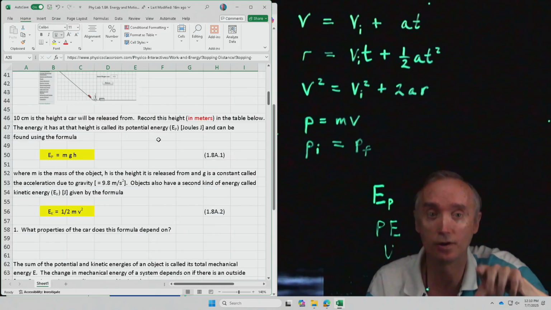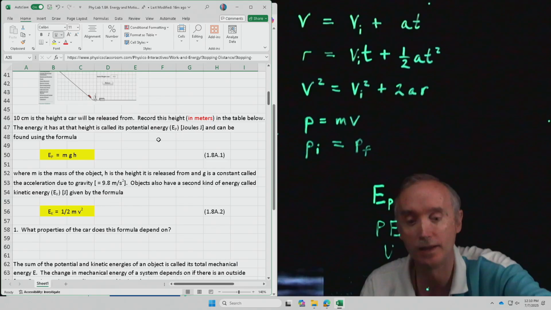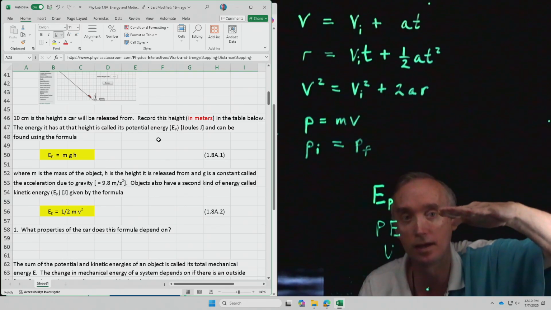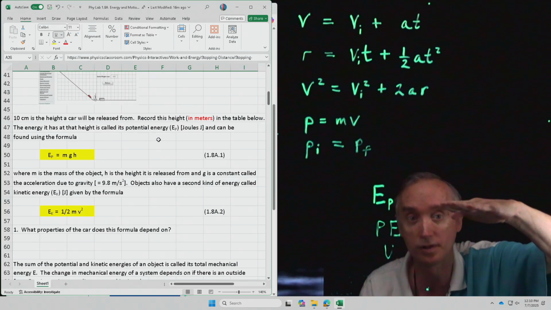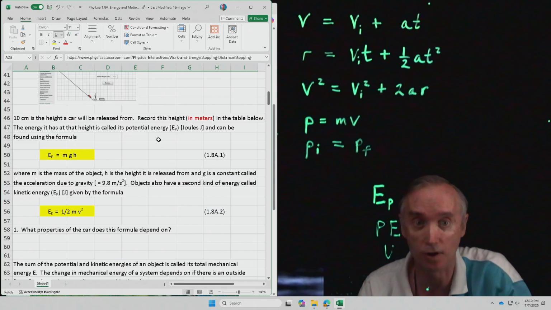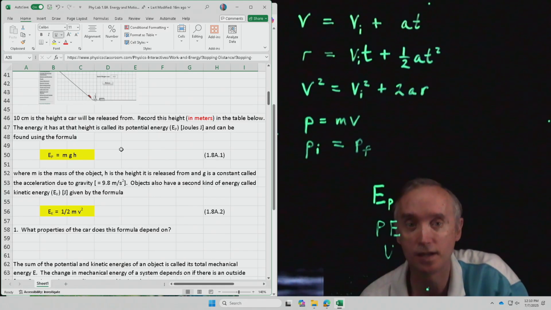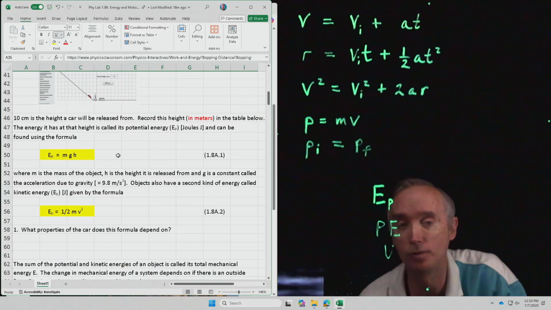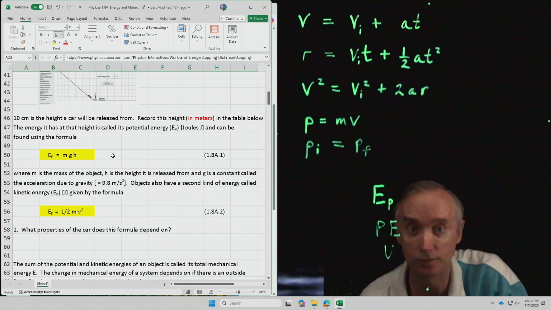So similarly here, there is a distance involved, and that is going to be the distance that this thing is raised above the ground. And so our distance is going to be 10 centimeters, but remember, it always has to be in official metric units. So it's got to be in meters.